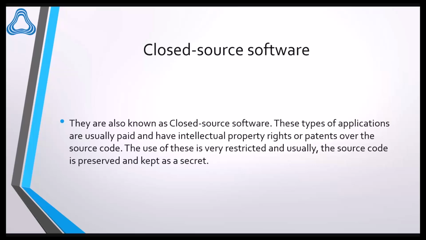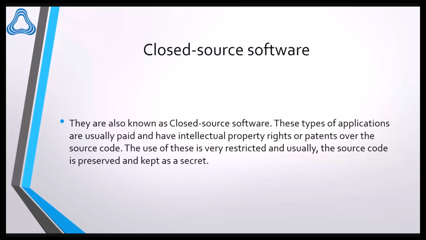For example, Microsoft Windows, Apple iOS, and so on. This is usually done, of course, to make money. The software developer, that is the company or the individual that makes this closed source software, wants to benefit from it financially. So that's why they decide to close the access to the source code.